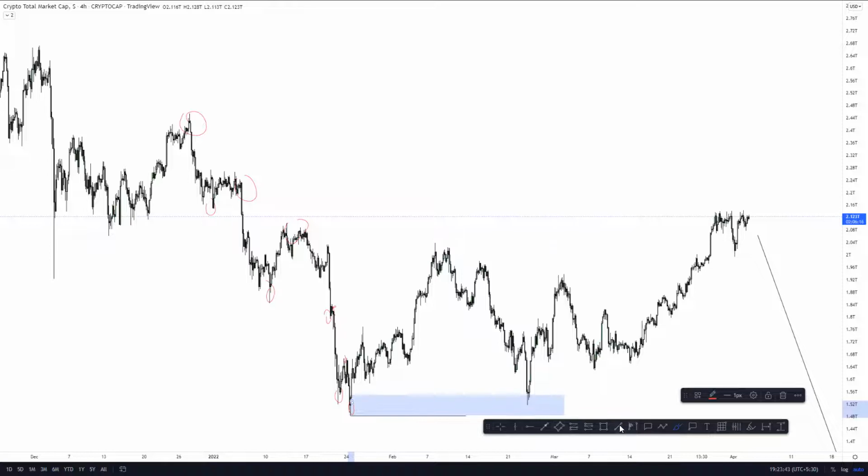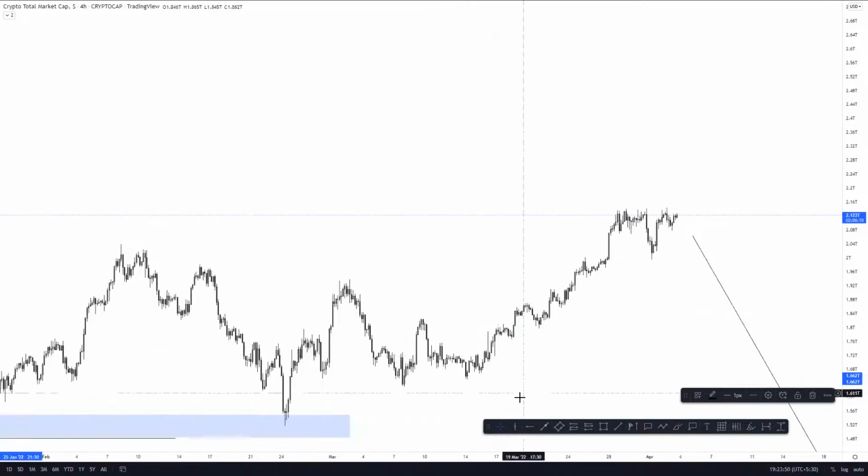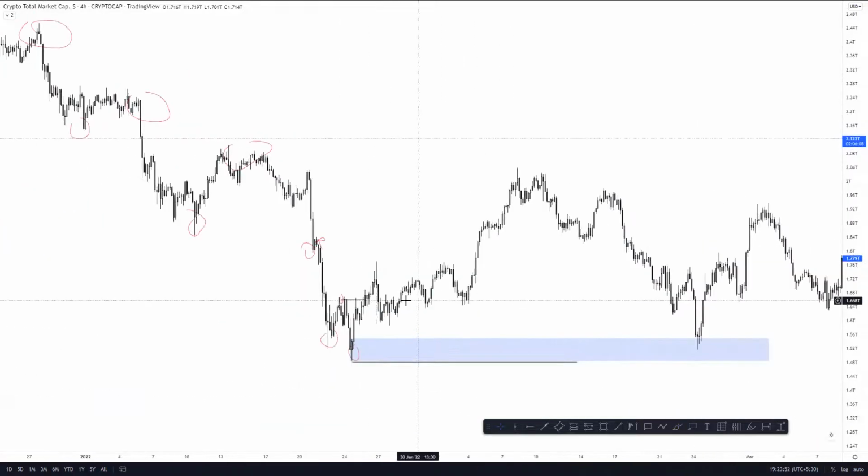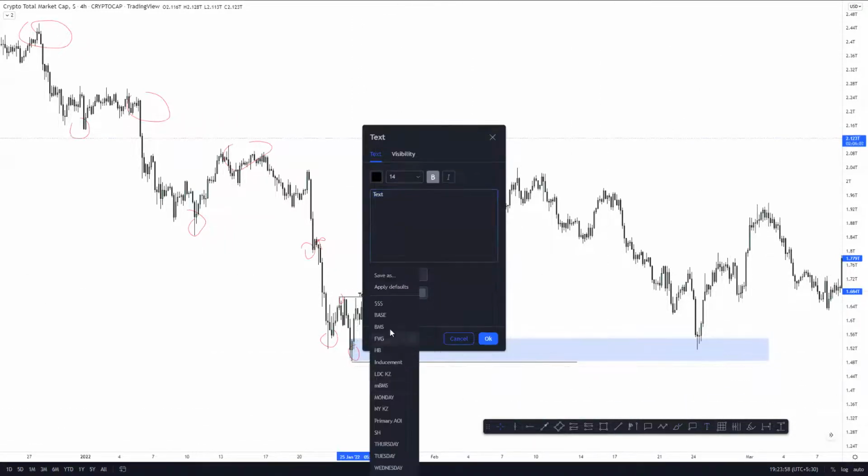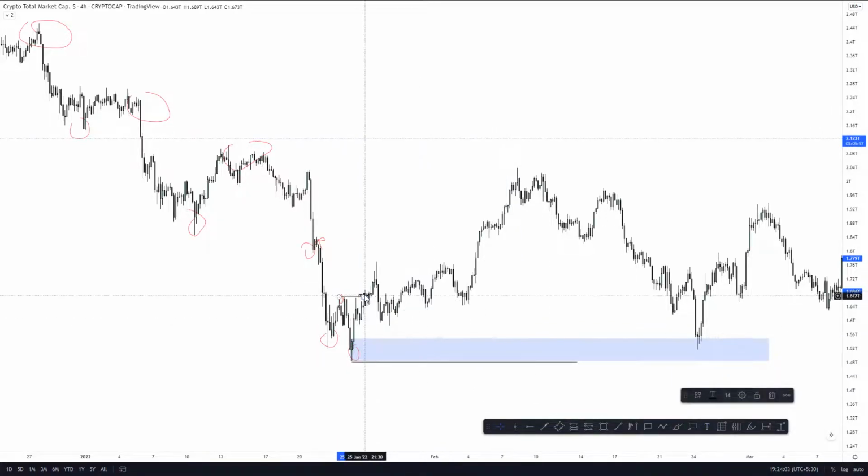And you see, this higher high has been taken out here. So that's when I will call this a minor breaking market structure.